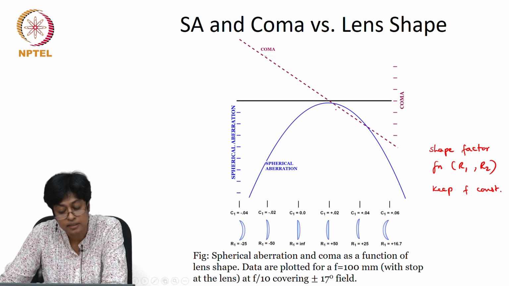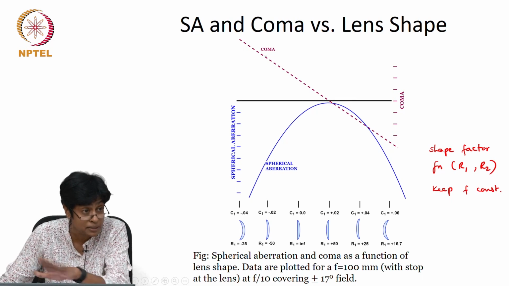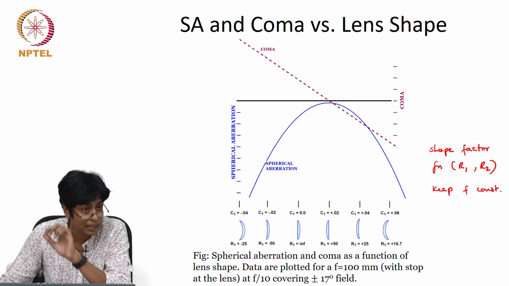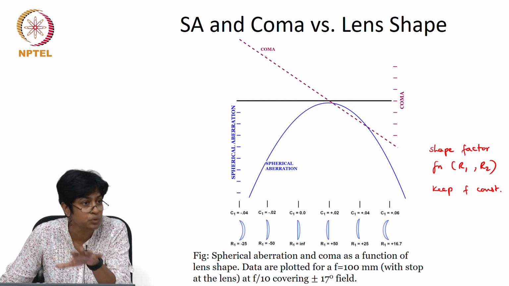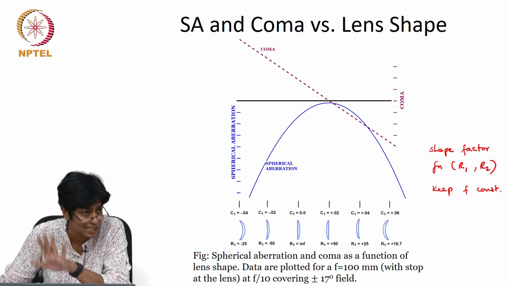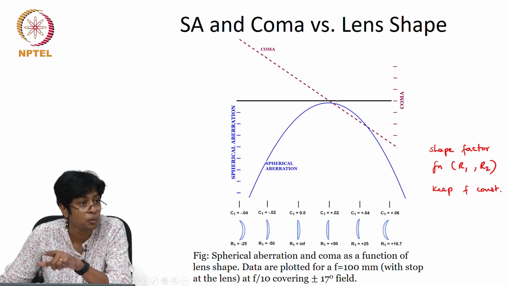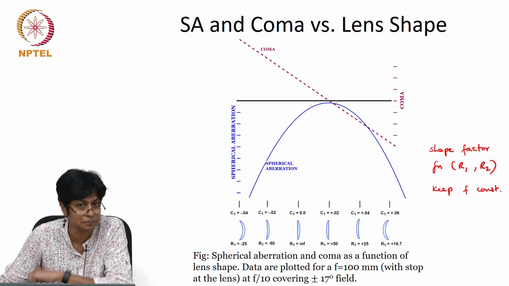And the interesting thing to note is that here you have not tried to minimize the aberration at all. You're just saying, if I change the shape, keeping focal length constant, how do the aberrations vary? That's all. You're just studying that. But you see, there's a natural shape for which both coma and spherical aberration become minimum.